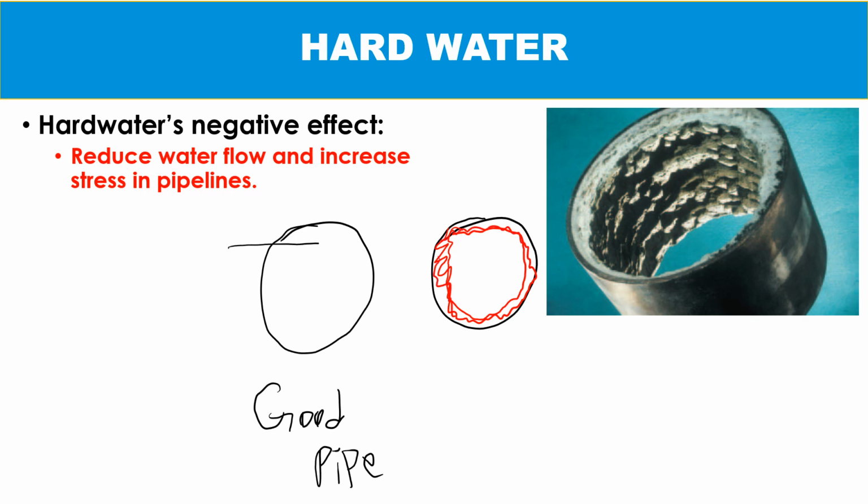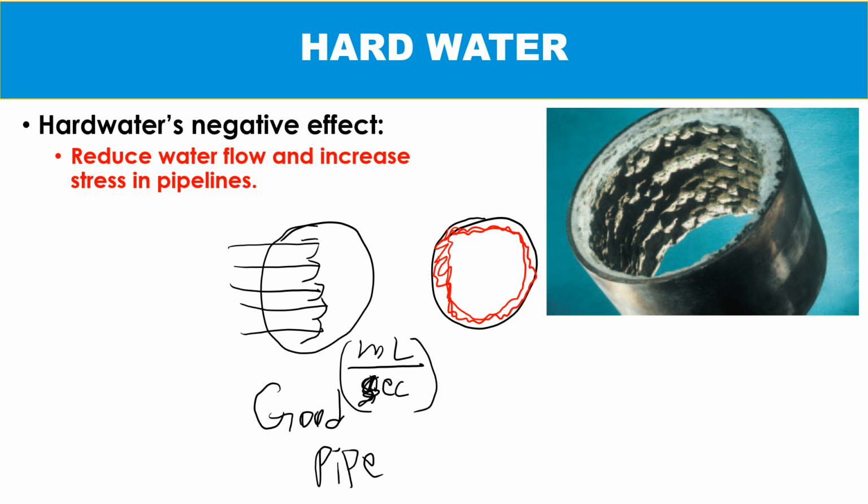In order to pass through this one, let's say I draw about 5 arrows to let water pass, and flow rate is whatever milliliter per second, a ratio unit, if you will.